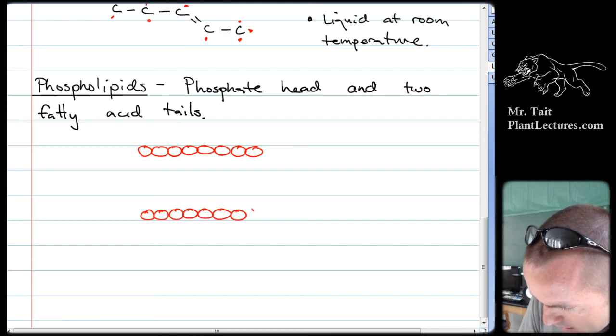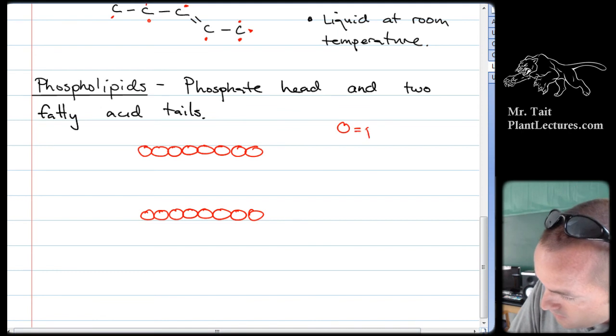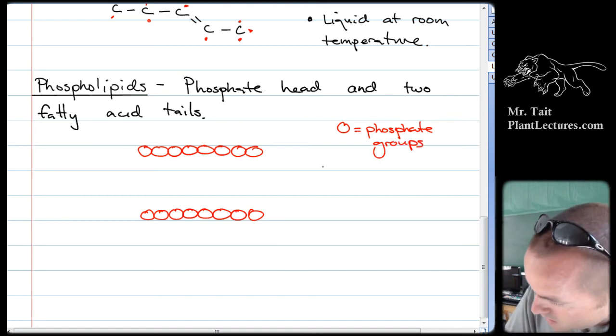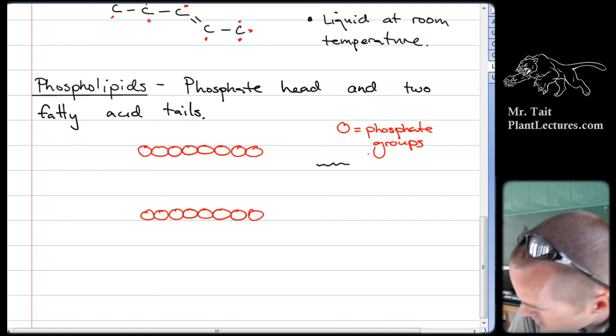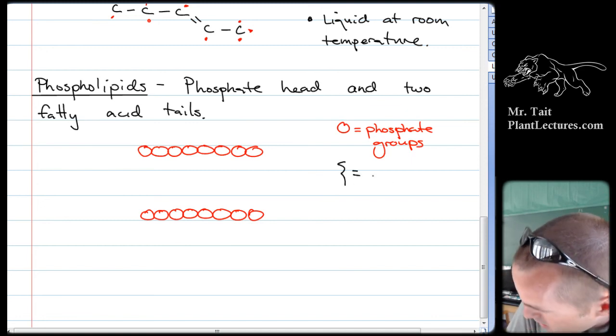Phospholipid bilayer has the phosphate groups, that's these red parts. Red parts are phosphate groups. And then the little squigglies are going to be the fatty acid tails.